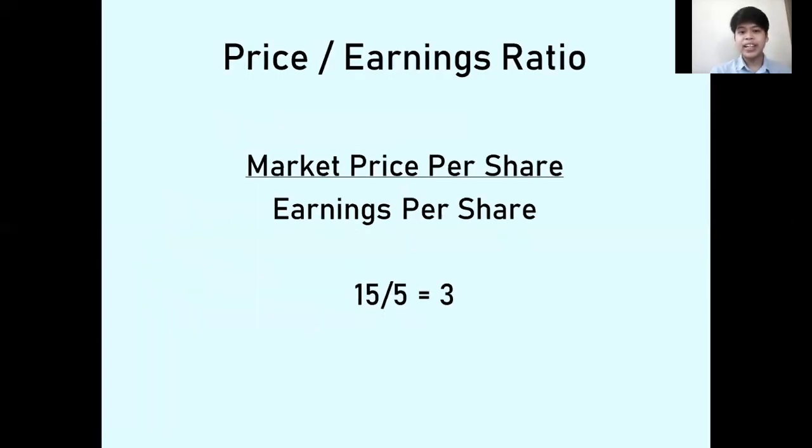So the first here is price to earnings ratio. The formula here is market price per share divided by earnings per share. So yung market price per share of 15 pesos divided by earnings per share of 5 pesos. So the price to earnings ratio is 3.